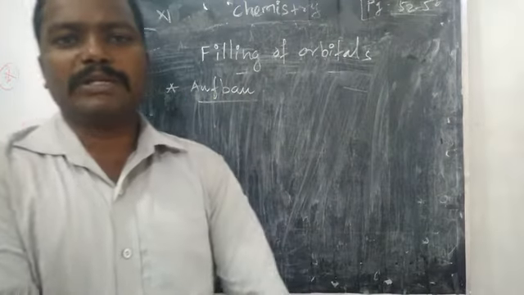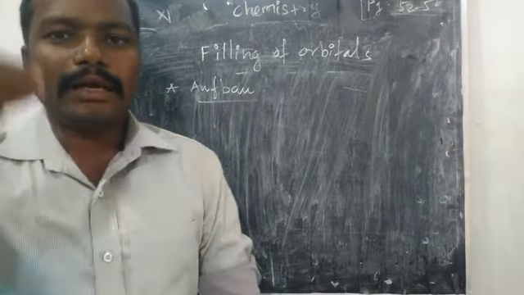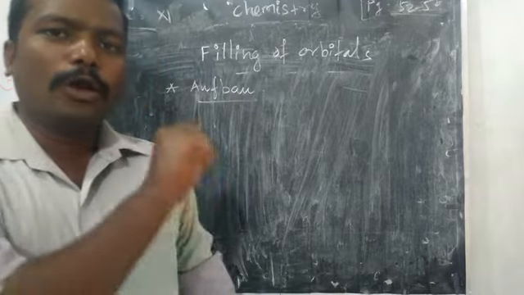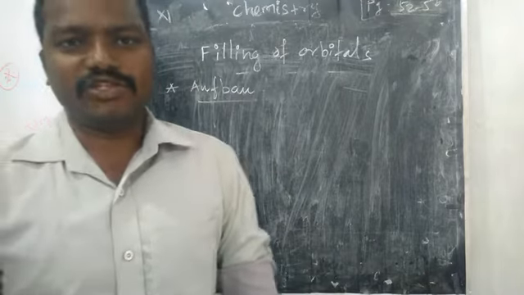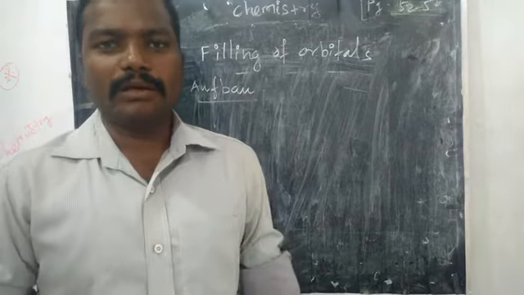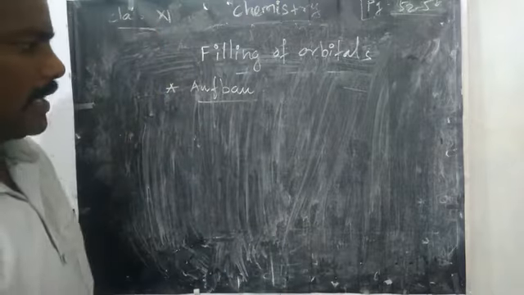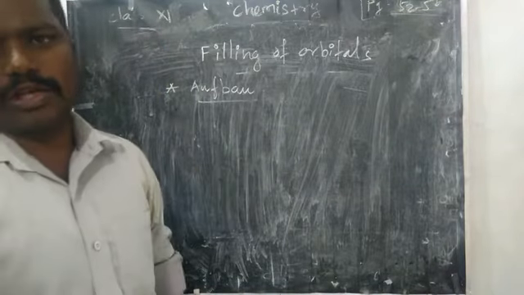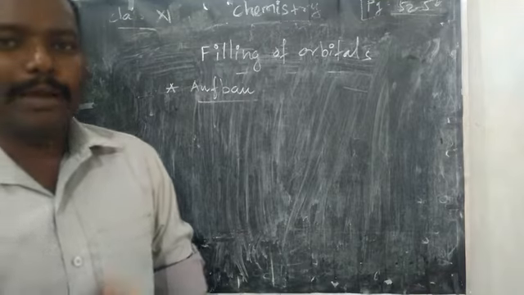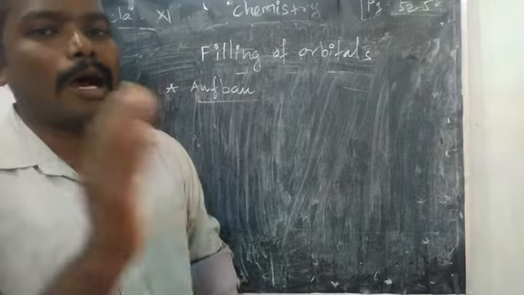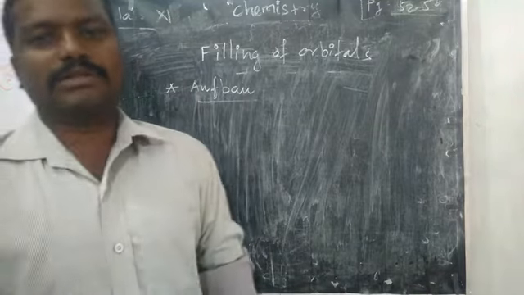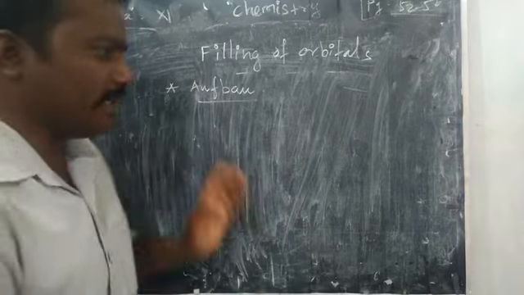Aufbau principle means what? See, the electron should fill from lowest energy to highest energy. What do you mean by that? In the ground state, several orbitals are there. Remember, I am talking about orbitals in the sense of subshells.